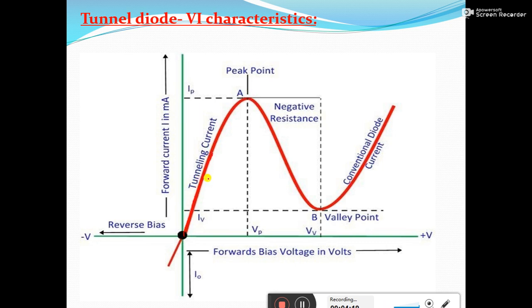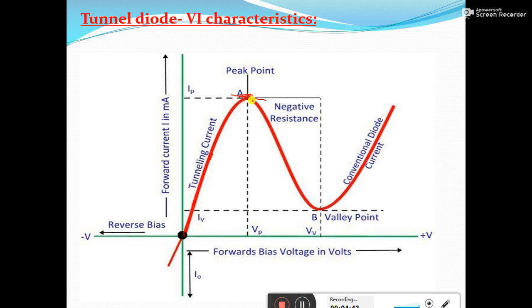Since the charge carriers with high kinetic energy punch through the depletion region, all of a sudden the current increases up to a maximum value called the peak point. The corresponding current is the peak current and the corresponding voltage is referred to as the peak voltage.